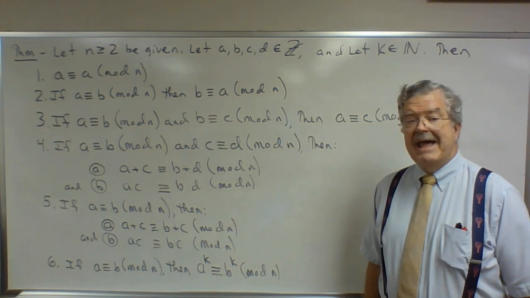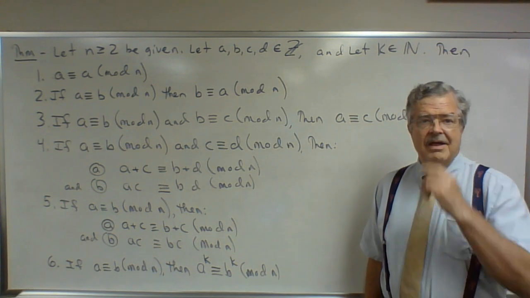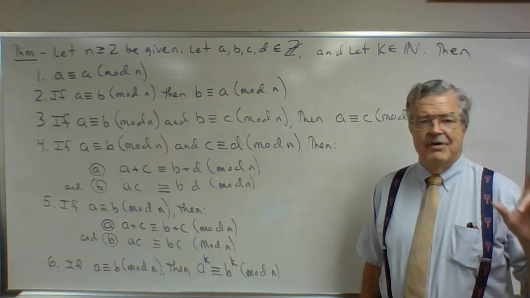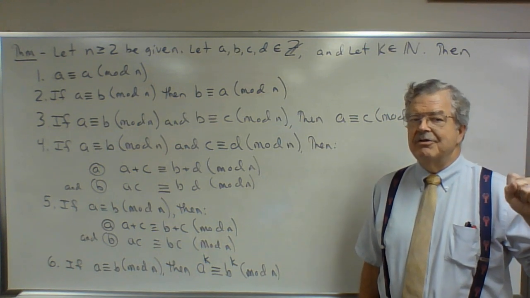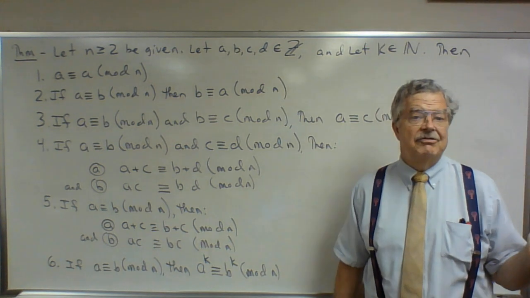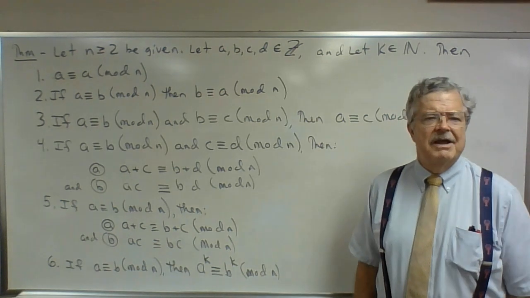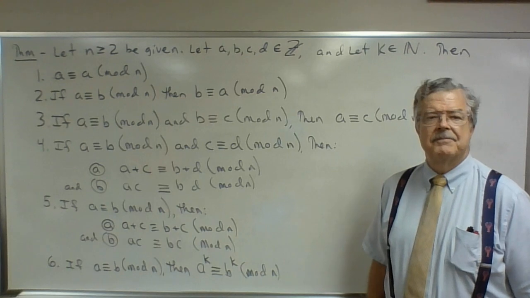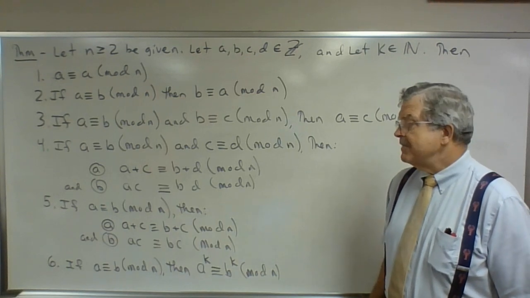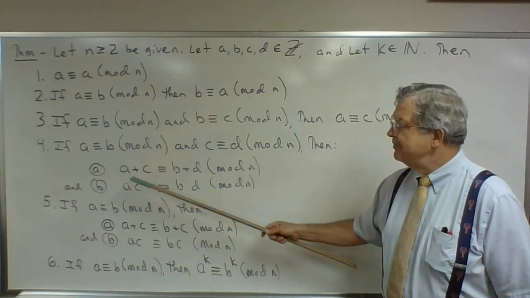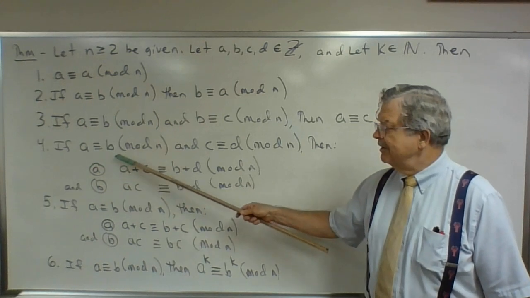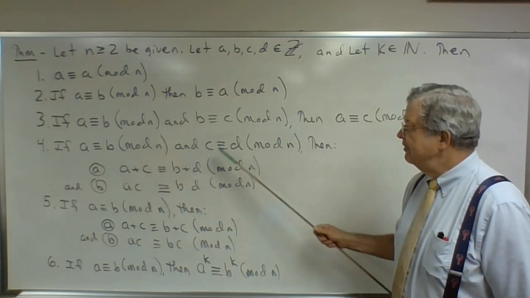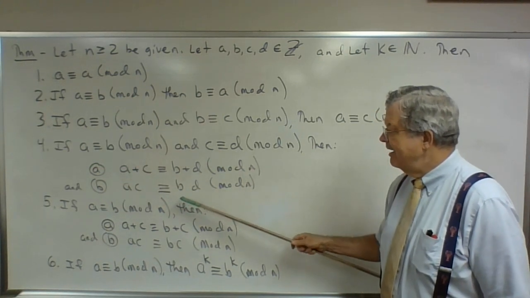Just like we can add two equations, and we'll do that if we have a system of two equations and two variables and we're doing elimination. We'll add one to the other, right? We can do the same kind of thing with congruences. And we can multiply both sides of a congruence by congruent things, and we still have a congruence.